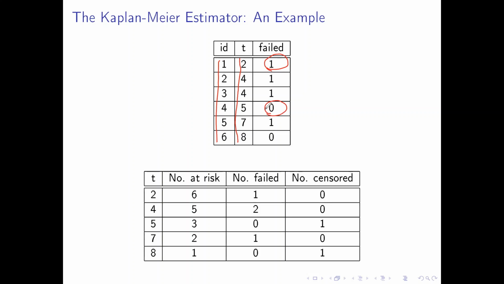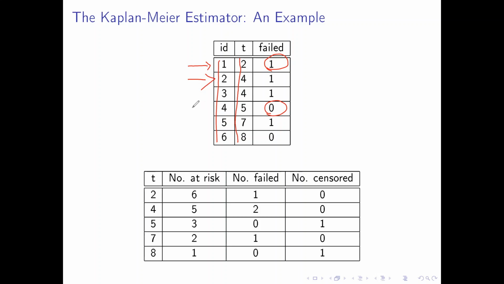Here in this case, actually, we have censoring. So for ID1, the first individual, that individual failed at time 2. Let's say the unit for time is day, so failed at day 2. And the second individual failed at day 4.